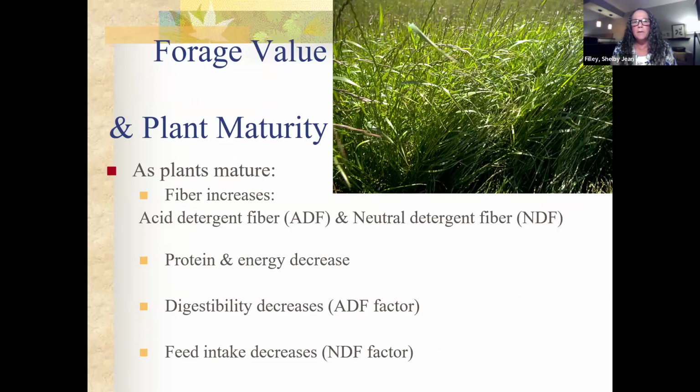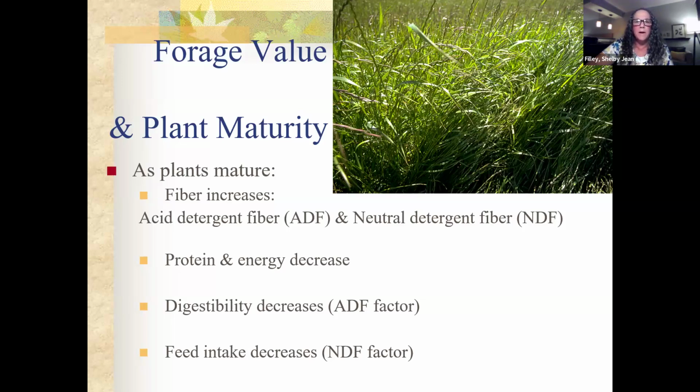So when we look at the value of forage, whether it be harvested or in the pasture, we know that as the plant matures and gets older, it increases the fiber. The fiber helps the stalk, gives it structure, and holds the plant upright. So fiber is good for that plant, but too much fiber can decrease the digestibility and the feed intake of that forage by the cow.